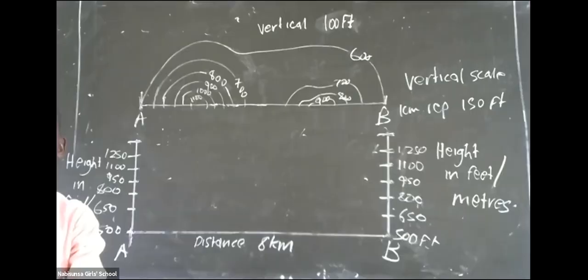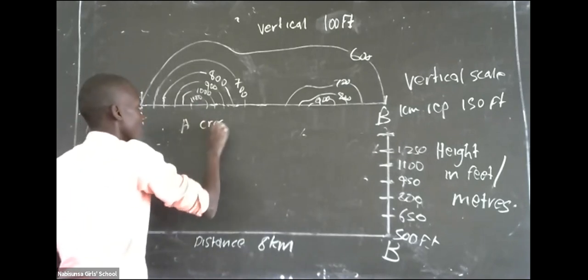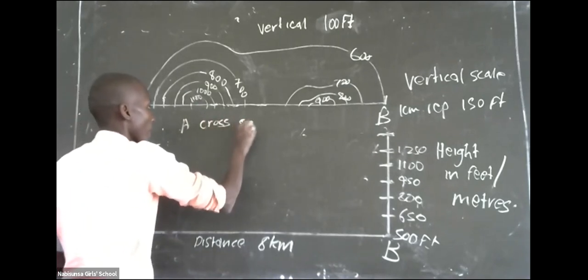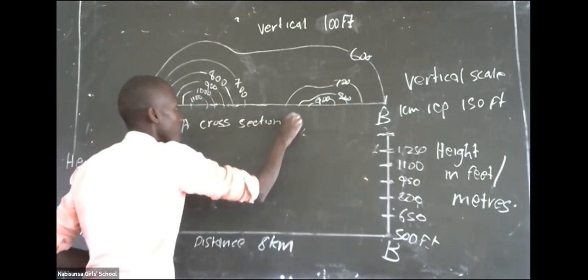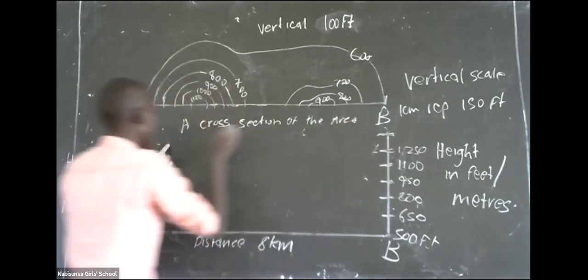Teacher, pardon, on the title. Title. Here I'm going to say a cross section, in capital letters, a cross section of the area. You tell us which area.